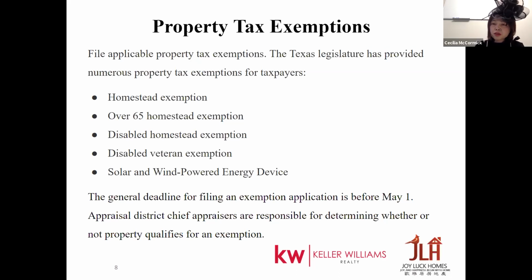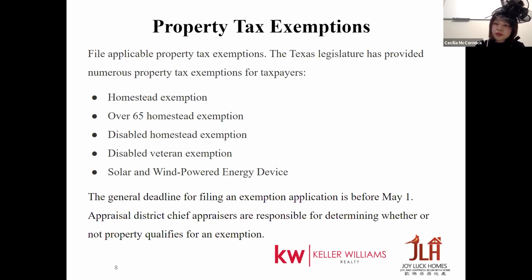For example, if this property's assessed value is 300,000, next year, after you file the homestead, the assessed value cannot, in this example, exceed 330,000, right? So that also protects, lowers your tax base. If you're a homeowner, you can apply. You just need to apply once and it will follow you as long as that's your primary residence.